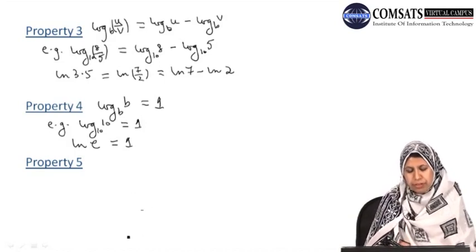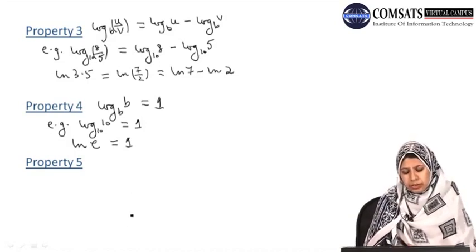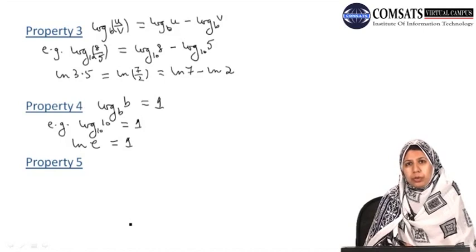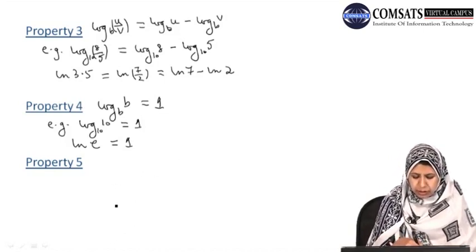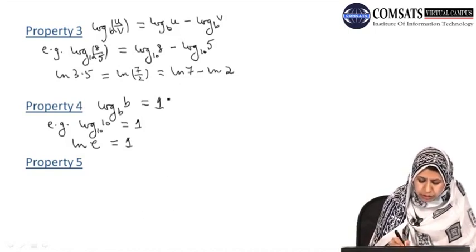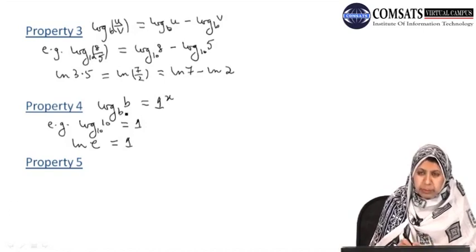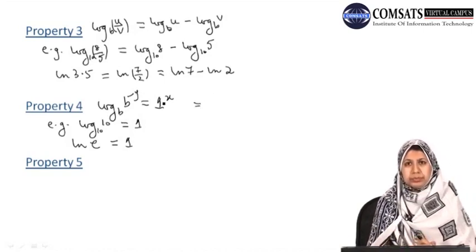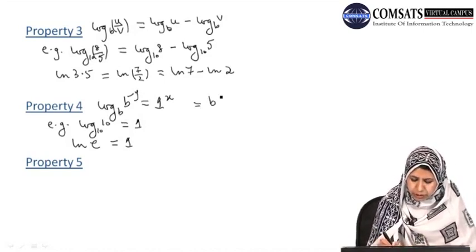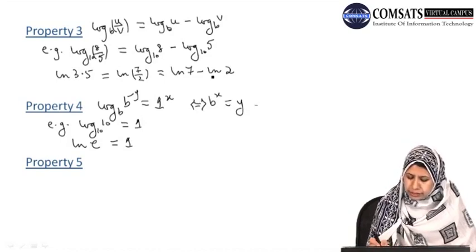We can verify this result by using the equivalent form of the exponential function. That is, we have log of b to the base b is equal to 1. So this is our x. The base b remains the same, and this b is equal to y. We obtain that b to the power x is equal to y, and x is equal to 1 here.